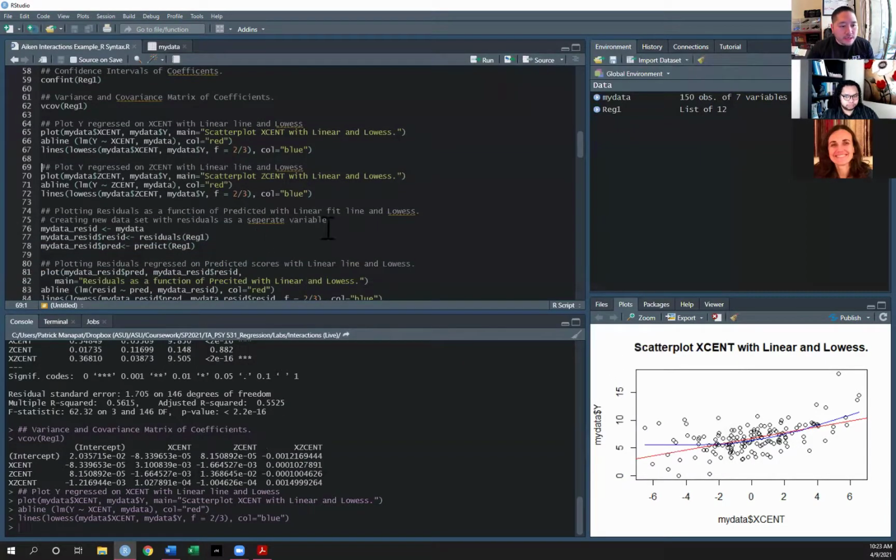I'm going to do the same thing here with z-cent. So I'm going to plot z against y, and then I'm going to plot my regression line, and then here my lowess line. I'll just go ahead and run these lines all together.